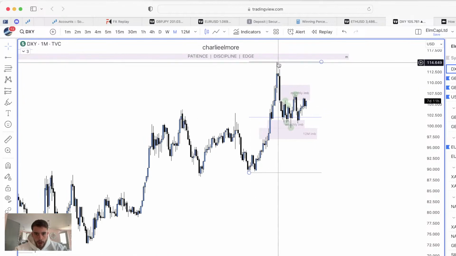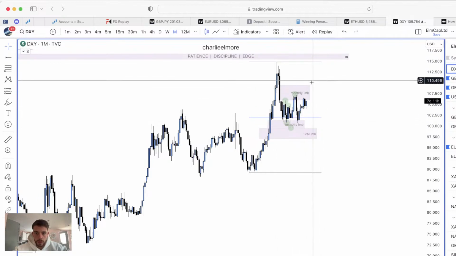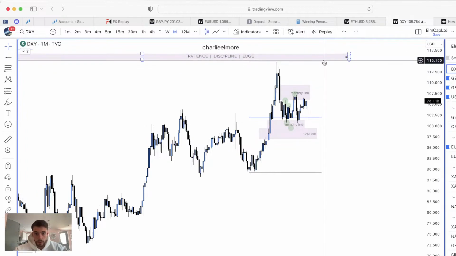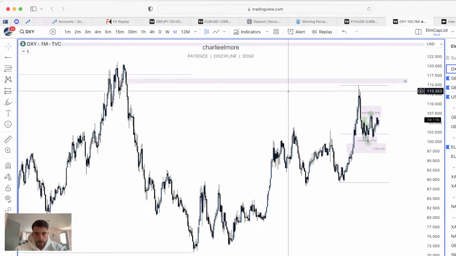And we've also got that high that was printed just below, so price could want to use that as liquidity in the future. So we might have a bull run of the dollar and then get to here, and obviously we'll cross that bridge if and when we do come to that. But yeah, I do like the fact that that's resting above that high.